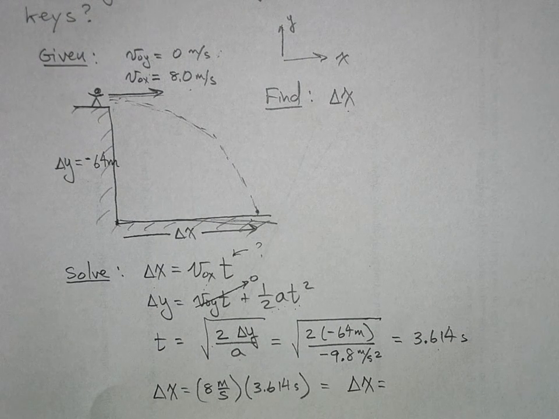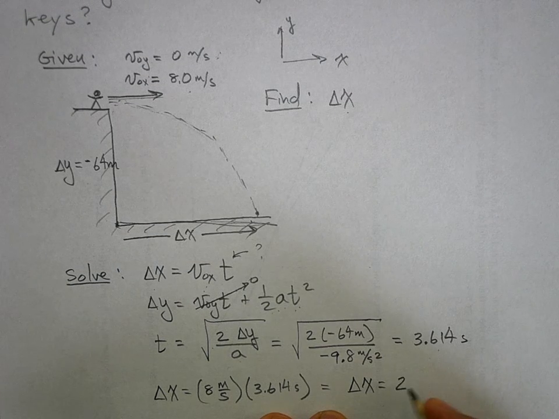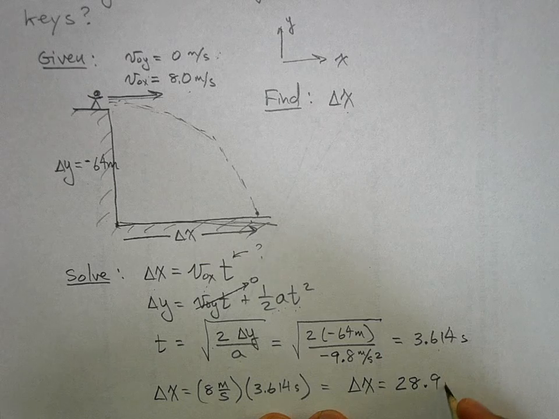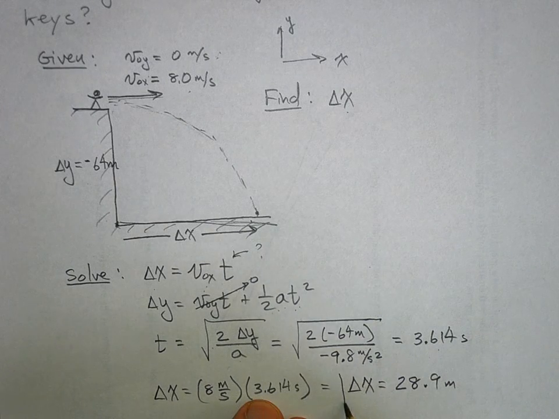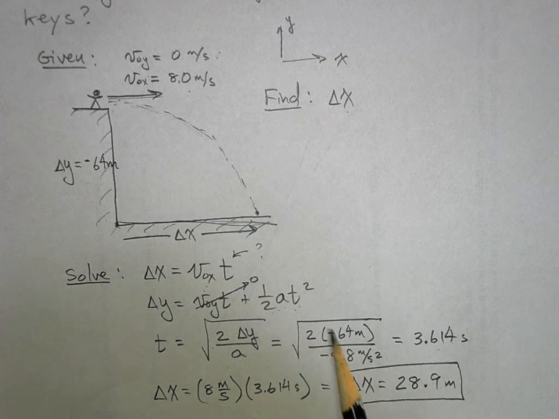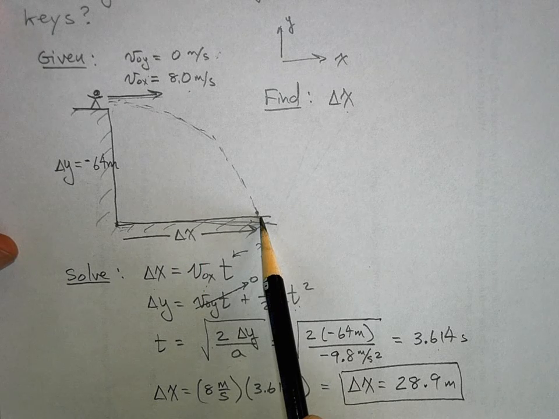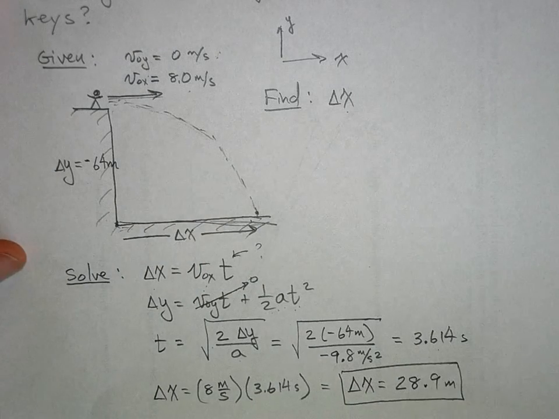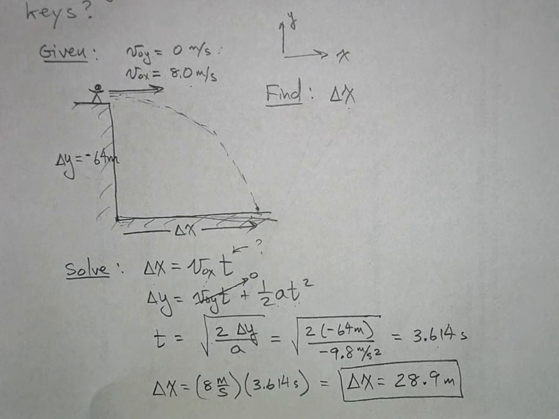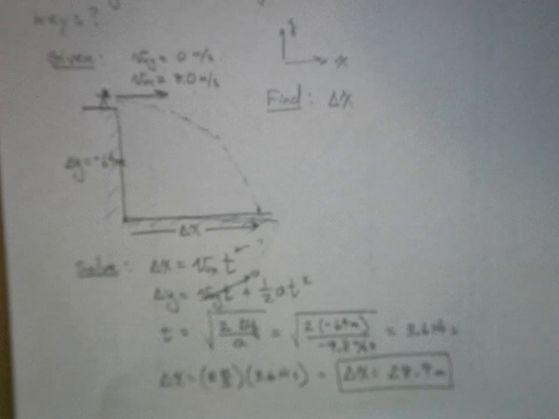You can keep 2 or 3 significant figures, whatever you want. I'm going to keep 3: 28.9 meters. So that means that your keys are going to land almost 30 meters away from the base of the cliff. And now you know where to look. Isn't that special? All right. Let me zoom out and see the whole thing.